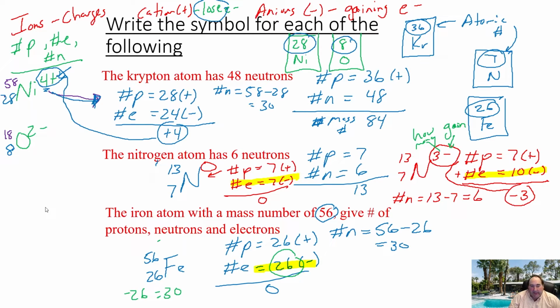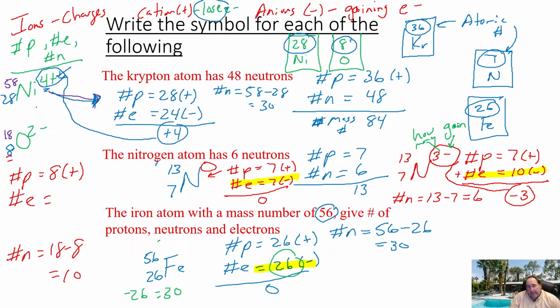Looking at the other one there, looking at our atomic number here, means our number of protons is going to be 8. Our number of neutrons here will be 18 minus 8, which would be 10 in this case. And now it's our electrons, which affects the charge.